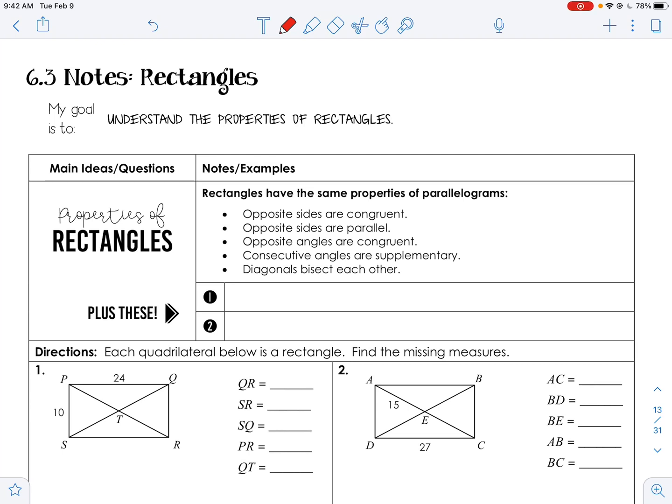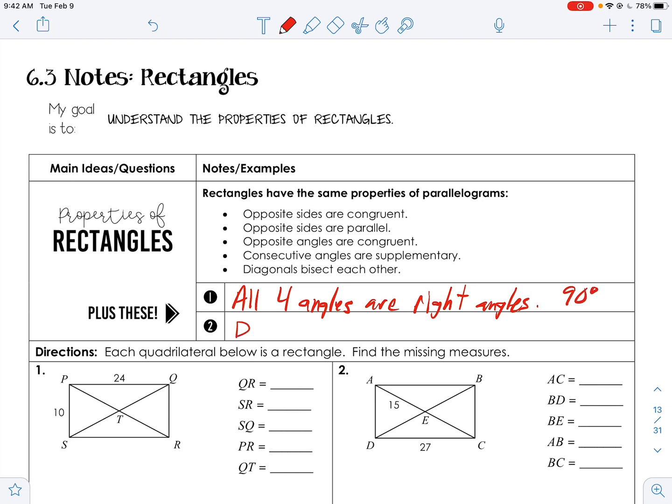Opposite sides are congruent. Opposite sides are parallel. Opposite angles are congruent. Consecutive angles are supplementary. Diagonals bisect each other. And all four angles are right angles, 90 degrees, and the diagonals are congruent.